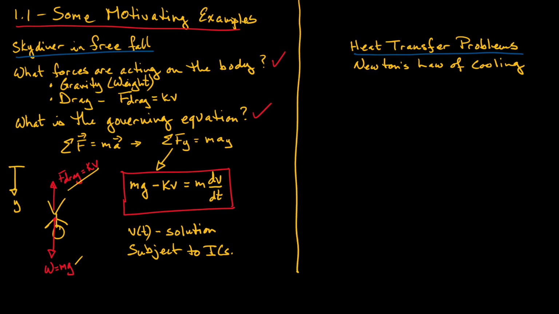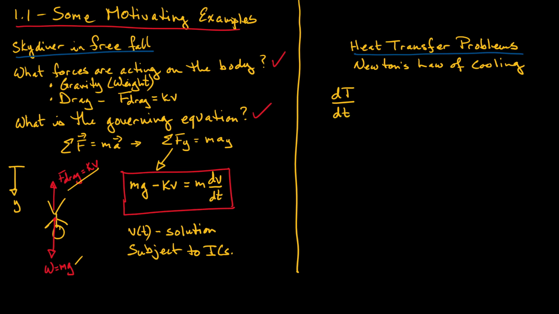Okay. So let's look at our final motivating problem, and that is Newton's law of cooling, which governs heat transfer problems. So differential equations appear in the study of heat transfer. So Newton's law of cooling states that the rate of change of the temperature of an object is proportional to the difference between its own temperature and the ambient temperature. So let's write that out. So this is Newton's law of cooling.